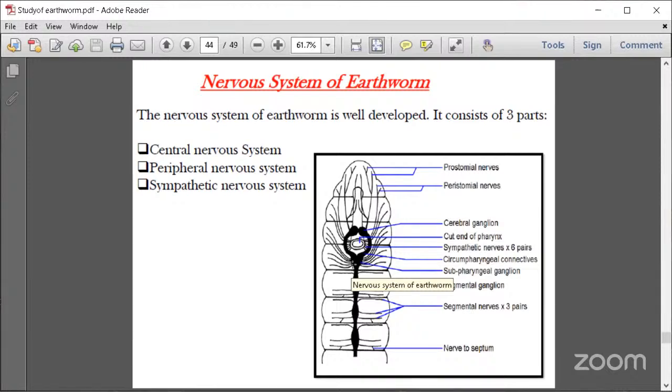Thus, a complete nerve ring is formed around the pharynx. Here you can see the nerve ring around the pharynx.